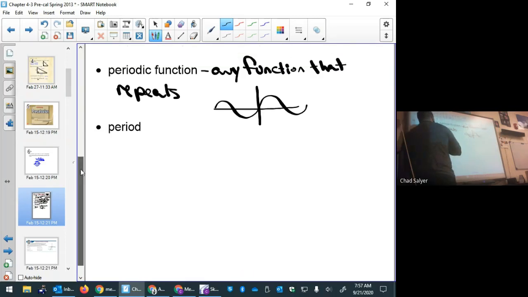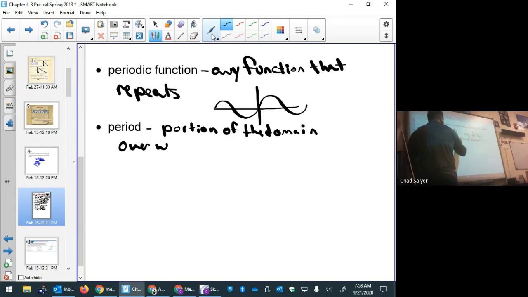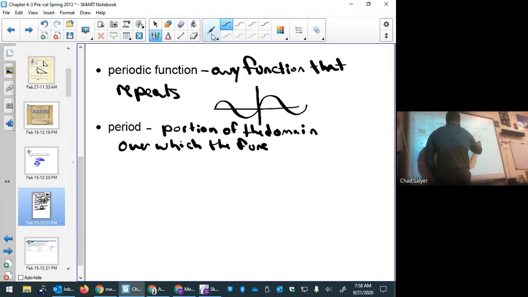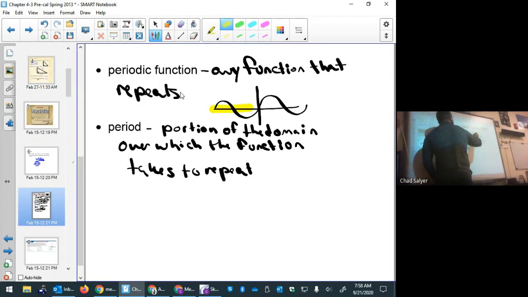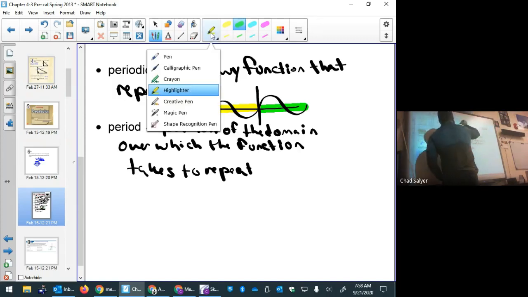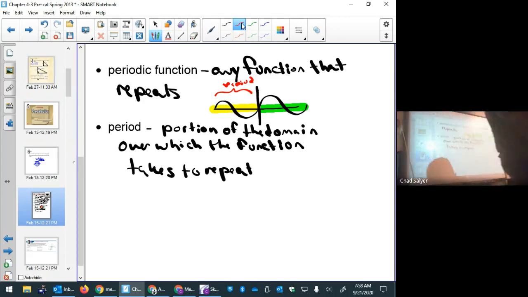And the period is the portion of the domain over which the function takes to repeat. So if I were talking about this little example I've sketched, that's one period, that's another period, and so on. So how long before the function begins to repeat itself? That is a period.